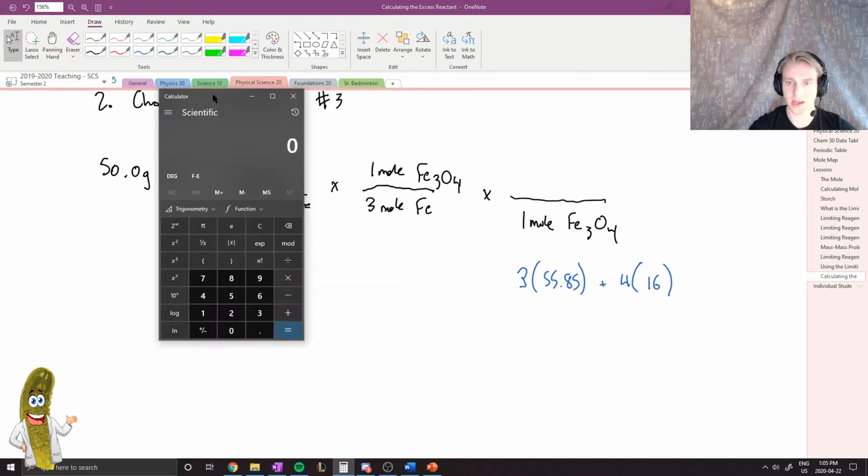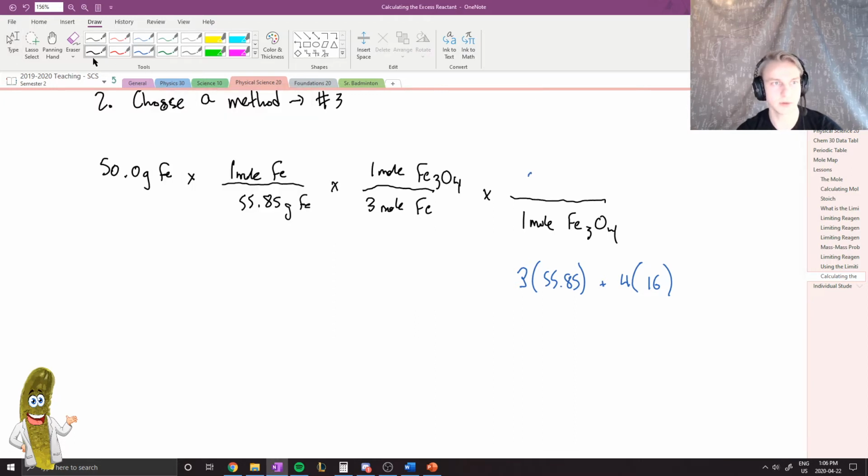So I can say 3 times 55.85 plus 4 times 16. That'll give me a total molar mass of 231.55. So this molar mass here is 231.55 grams of Fe3O4.